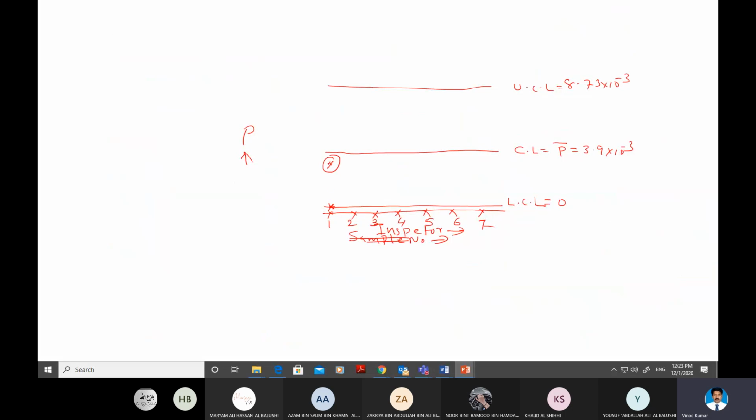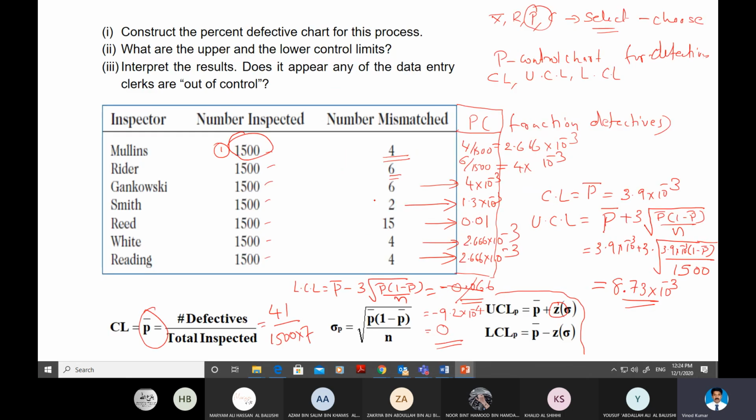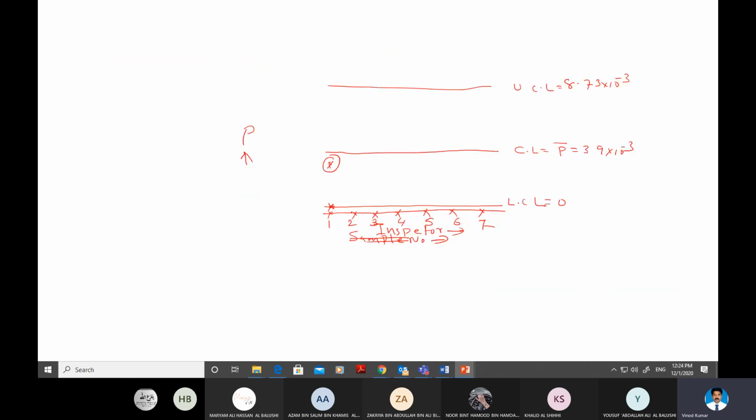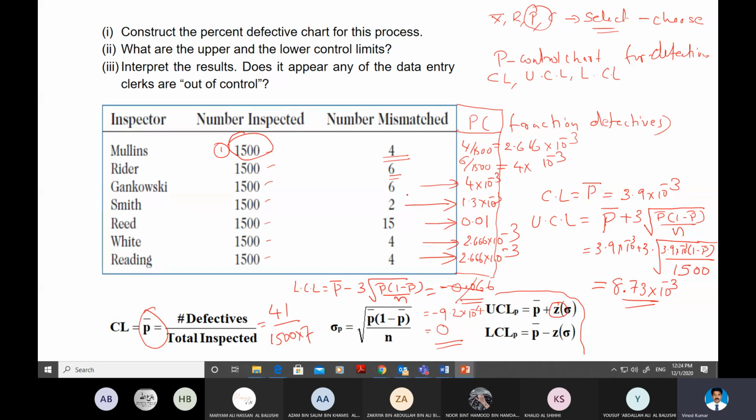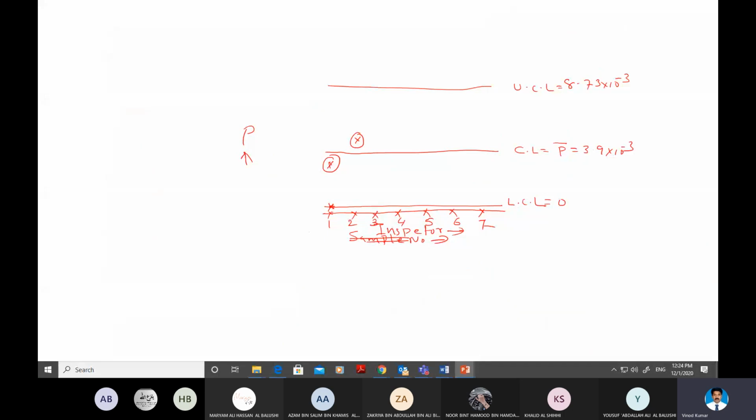We marked 1. Now we have to mark 2, which is 4 times 10 to the power minus 3. Now 3 is 4 times 10 to the power minus 3 again.